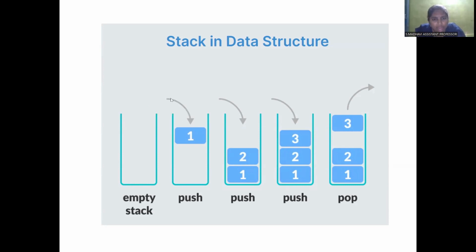Whatever element you add first will come to the bottom of the stack. Next, another new element, 2, has been pushed on, so it will be placed over the first element. Next, a third element has been inserted onto the stack, so this 3 will be placed over the top of the 2.